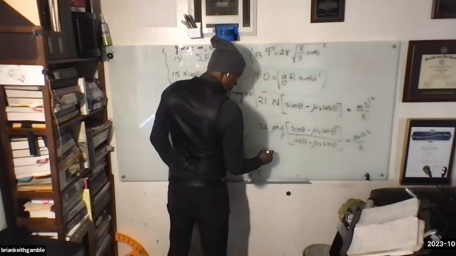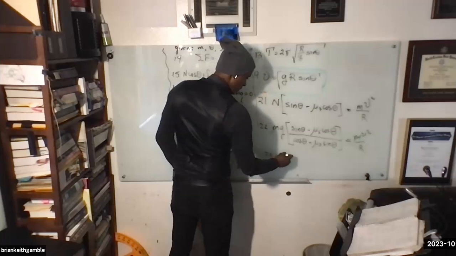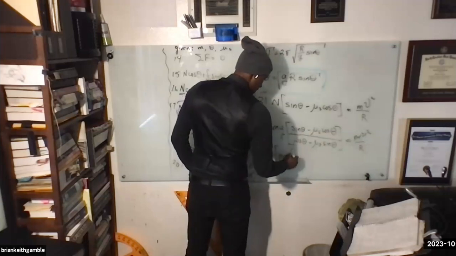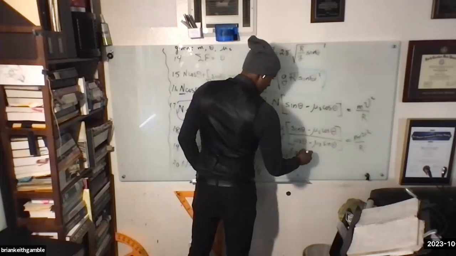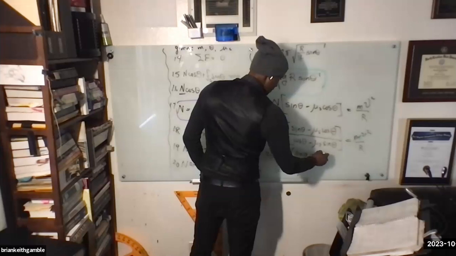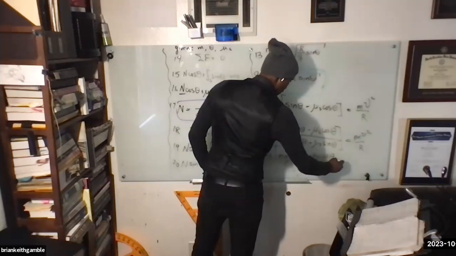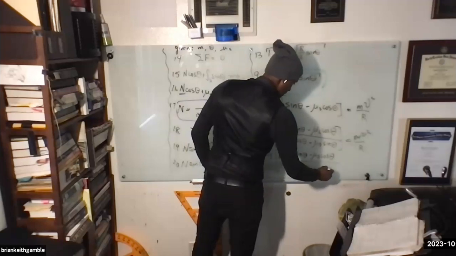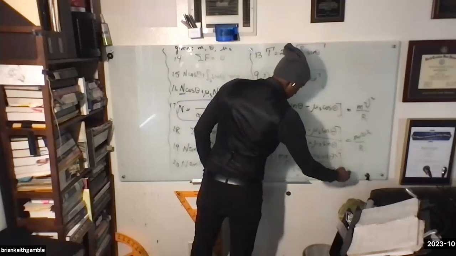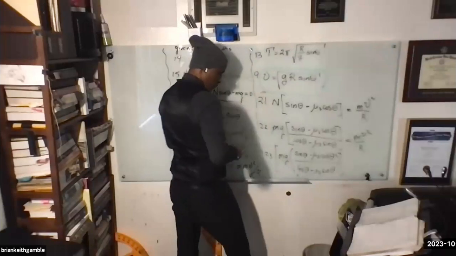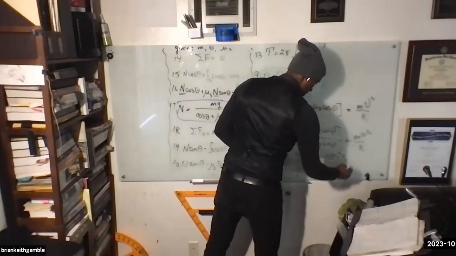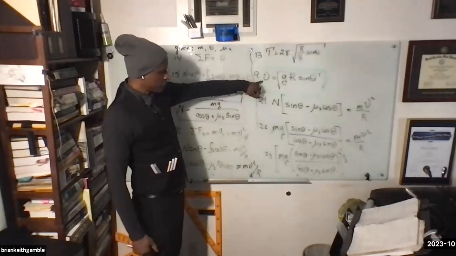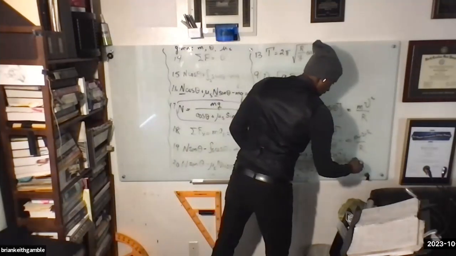And what I get is the square root of g r times quantity, sine theta minus mu s cosine theta over cosine theta minus mu s sine theta, quantity, all to the 1/2 power. Now, compare that to this thing. So this is V, I guess V min.